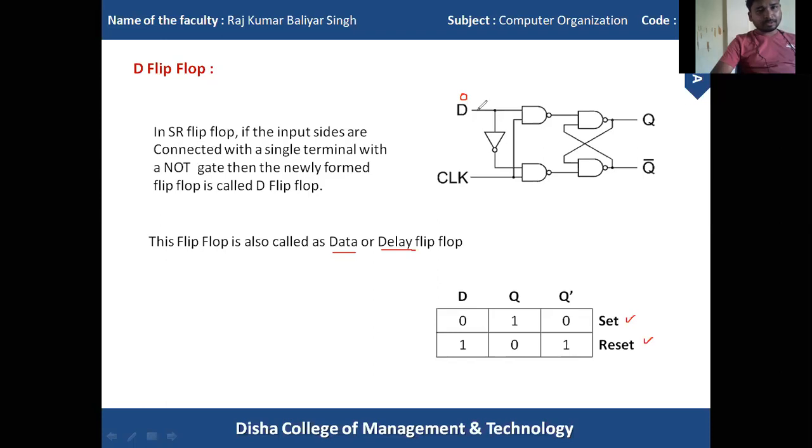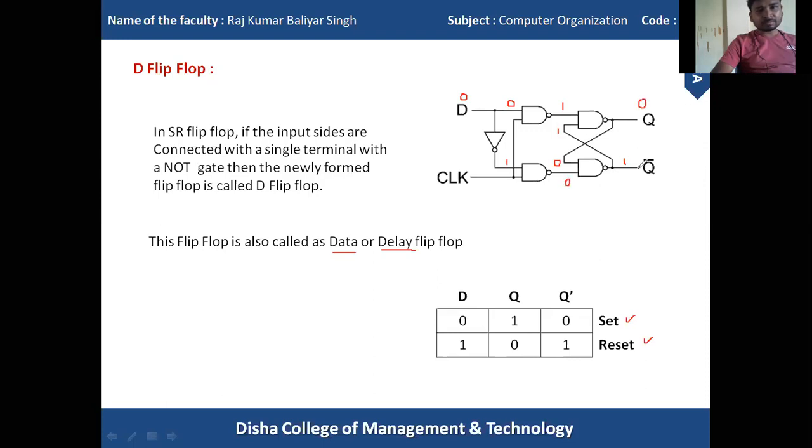For example, I am supplying 0 in this D terminal. This 0 is supplied to this gate, and for the other gate the 0 becomes 1 because of this NOT gate. It will produce some result: Q equals 0, Q naught equals 1.